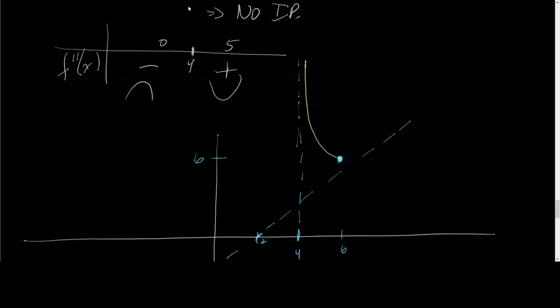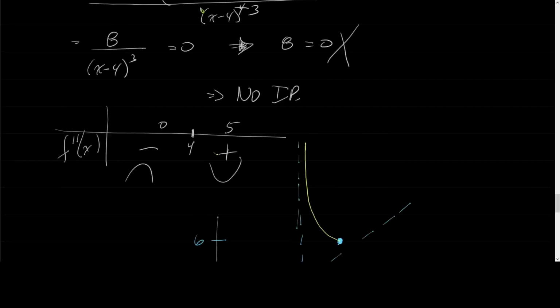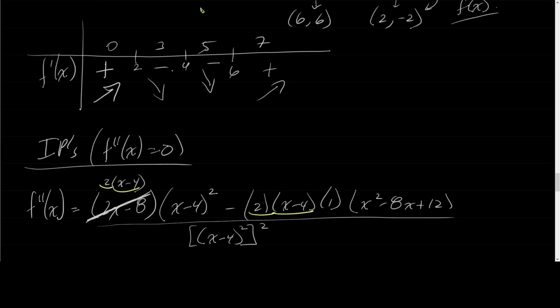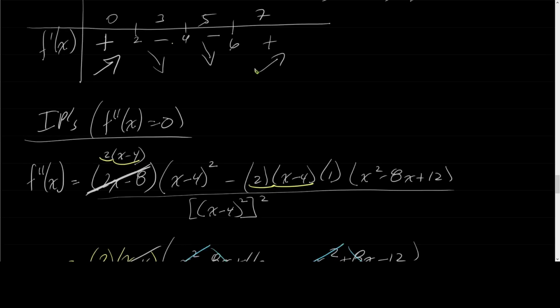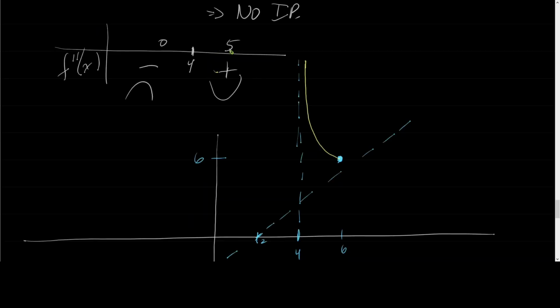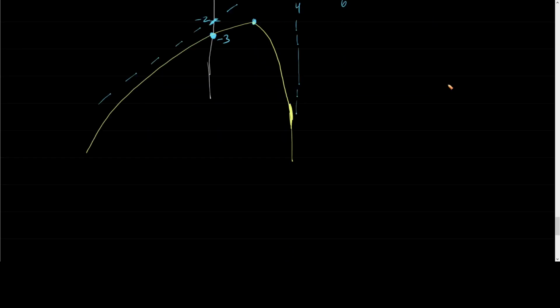And then after that, we've got increasing, still with a positive concavity. So we end up with something like that. And remember that we had to approach our slant asymptotes, so we want to make sure that these are getting closer and closer to our slant asymptotes.